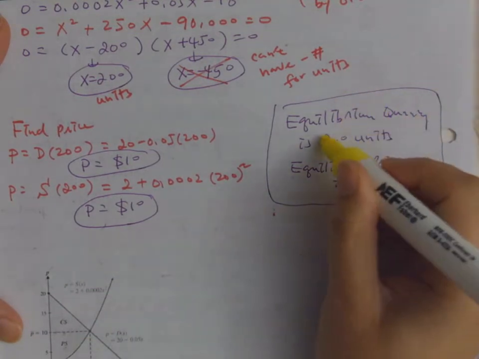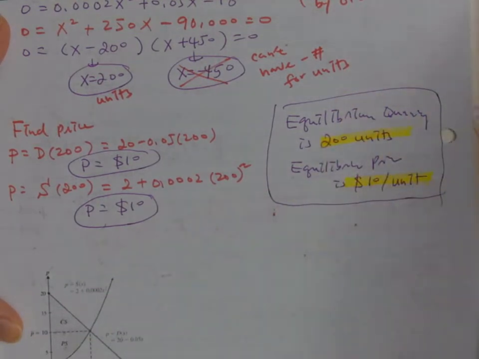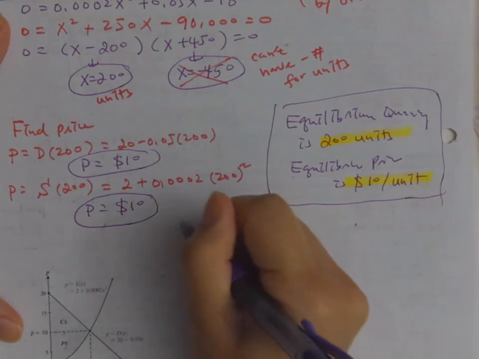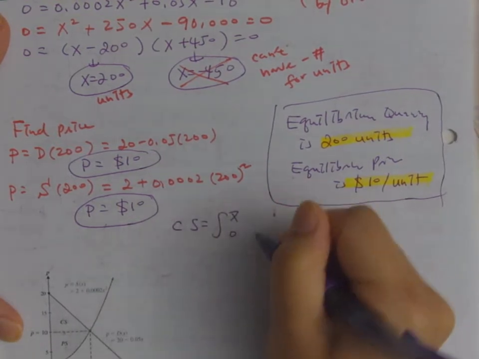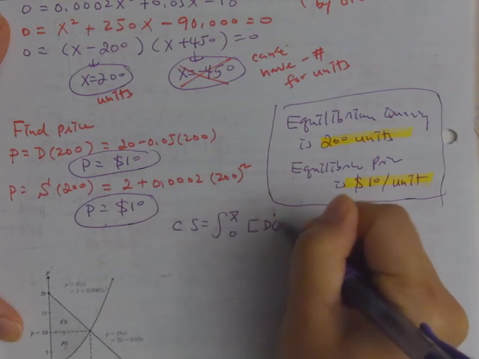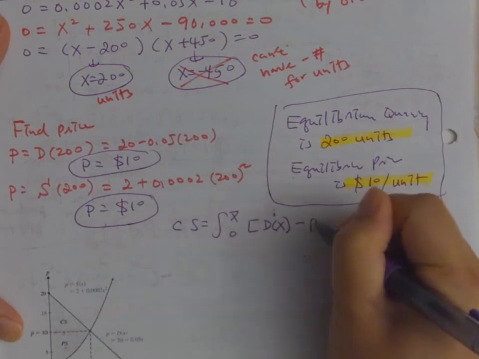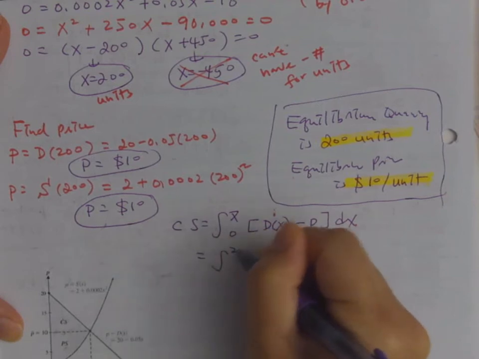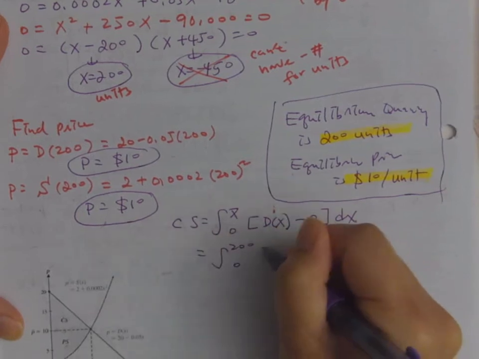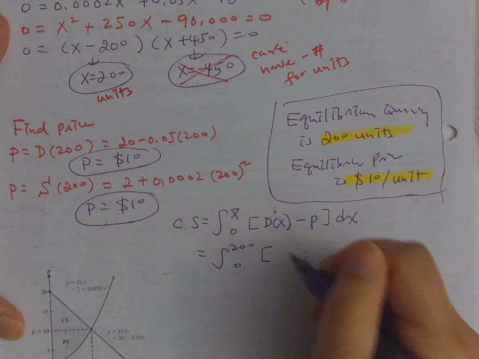It's a really long question. Okay, so we have that information. Consumer surplus would be the integral over how many units, of the demand price function minus the price, dx. So we're going to have 200 and 0 here.